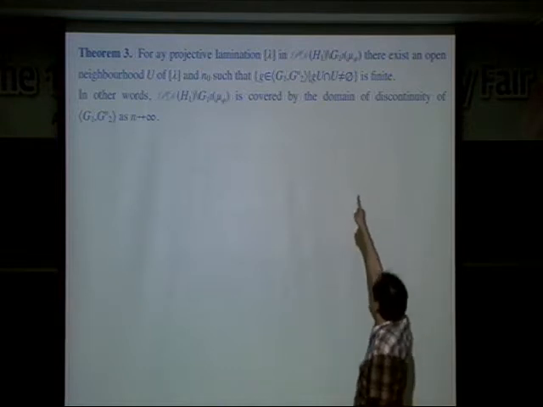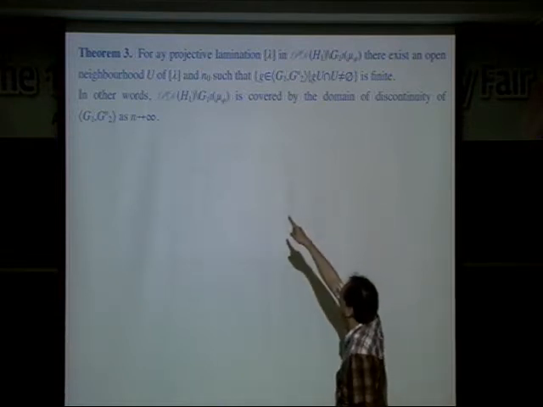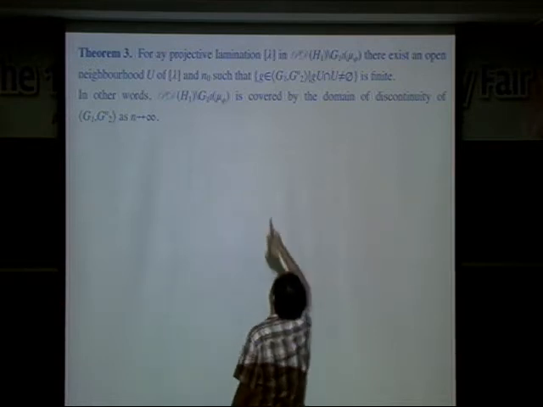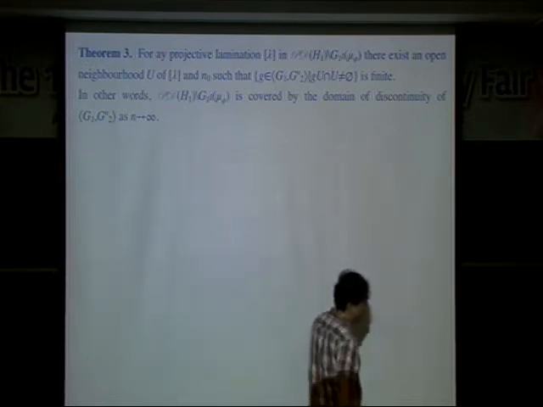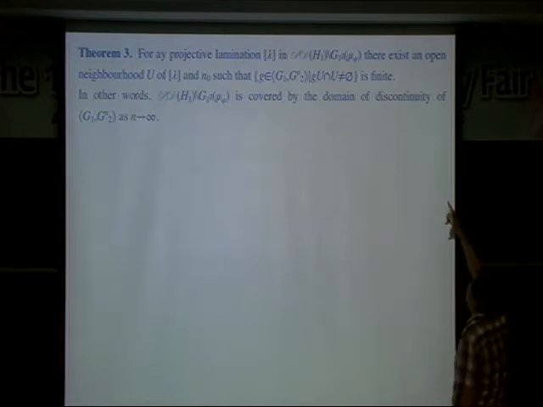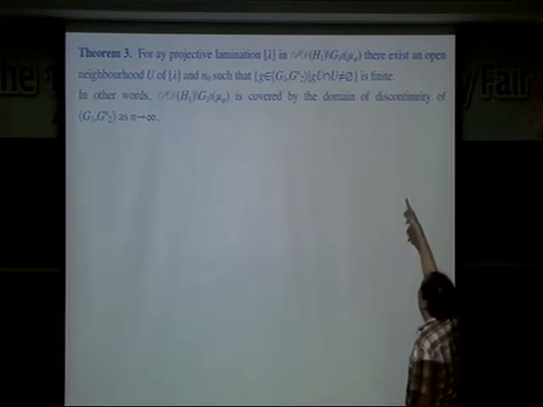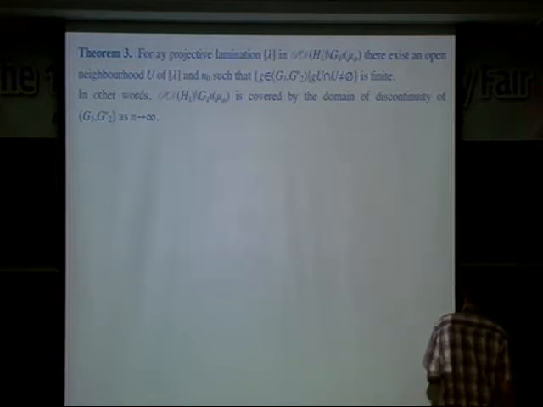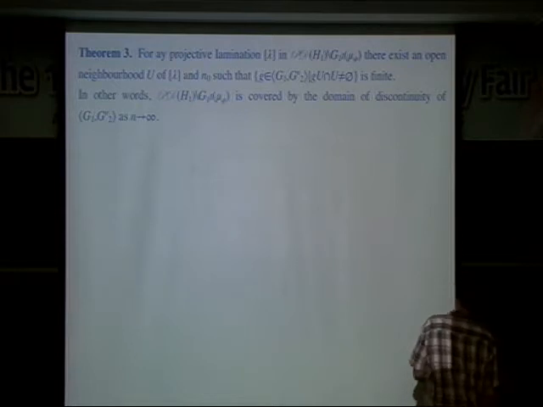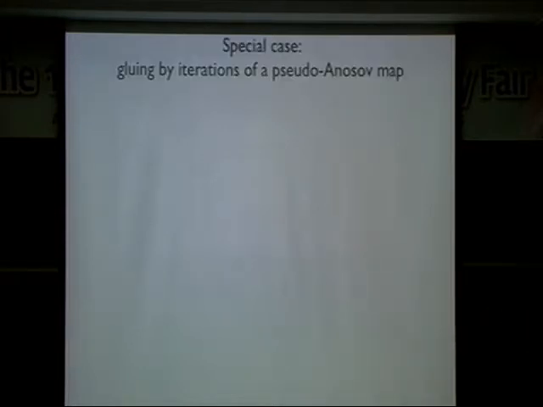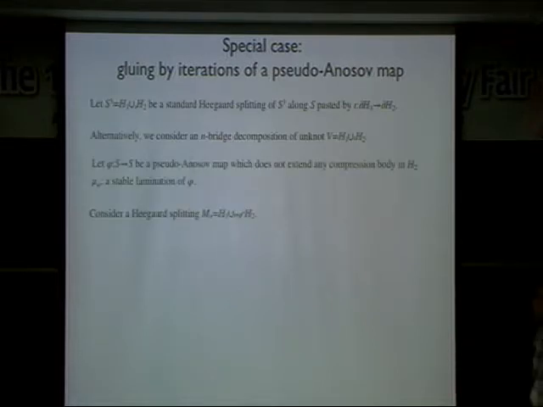So for any projective lamination lambda in the complement of G1 iota mu phi in that space. Well, maybe I haven't defined that mu phi, but that's an ending lamination.